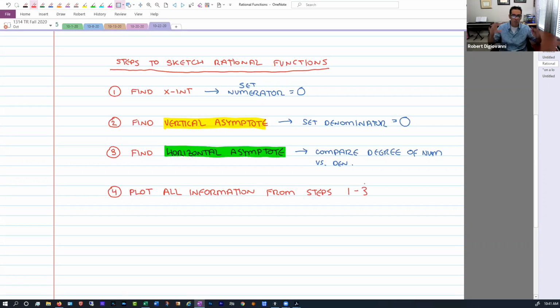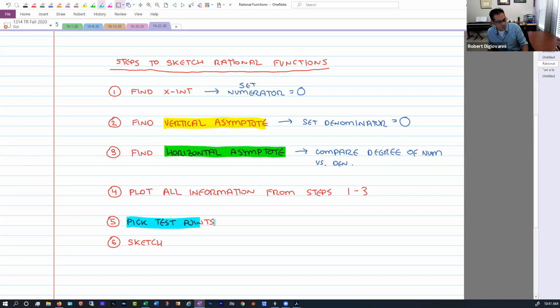So we're going to put all that information that we just gathered onto a graph. Once we put all that information onto a graph, we're going to pick test points, and then the last step will be to sketch.